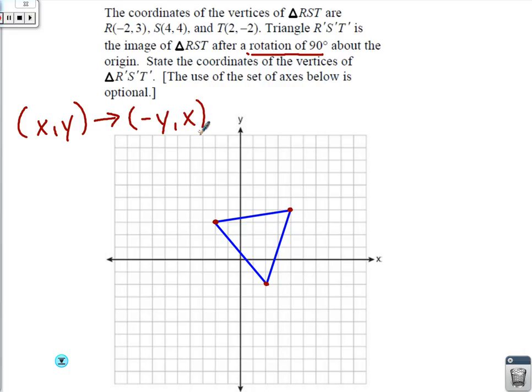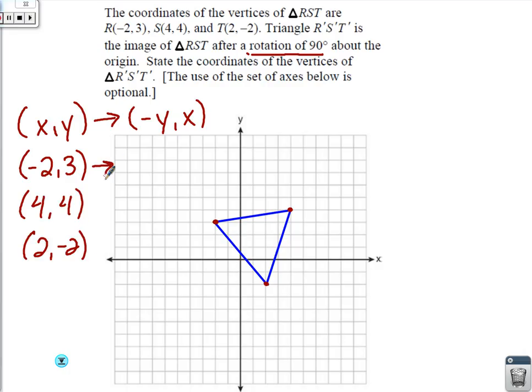Which means that our first point, negative 2, 3, I'm going to list all 3 of them. Our first point, negative 2, 3, is going to turn into what? You're going to flip-flop them, make the y negative.